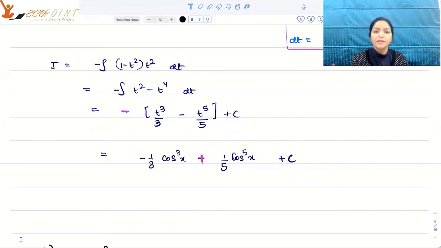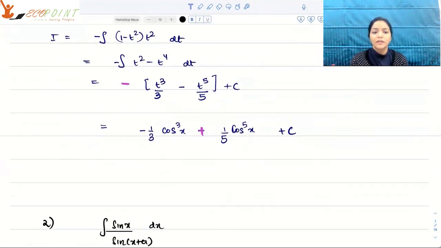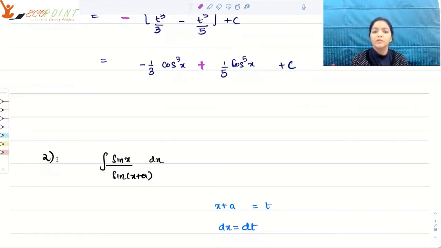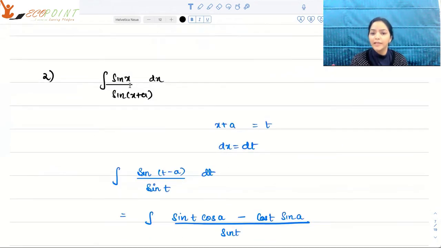Similarly, some other trigonometric cases. If you have to integrate sine x upon sine x plus a, what should be done? Just substitute x plus a as some t, so dx equals dt. The expression would now be sine t minus a upon sine t.